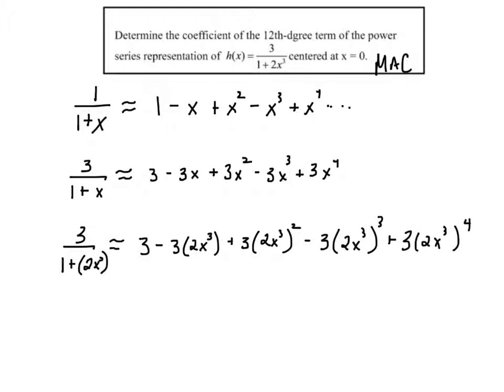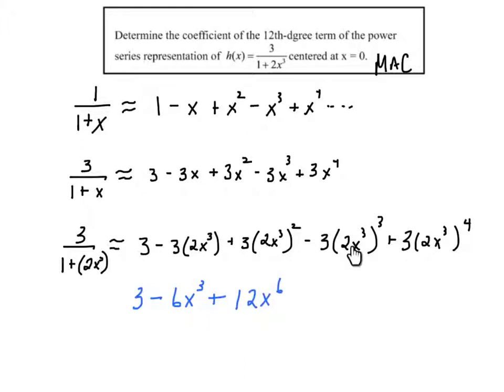Now let's start simplifying this a little bit. So this is 3. This is 6x cubed. Now here we're going to have 2 squared, so it's going to be 4 times 3, so it's going to be 12x to the 6th.